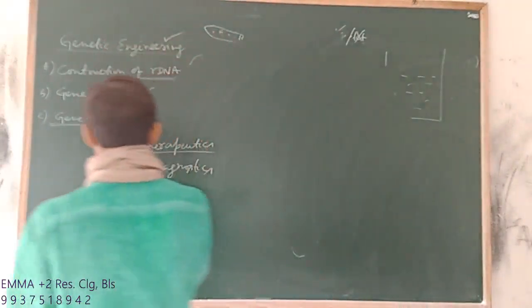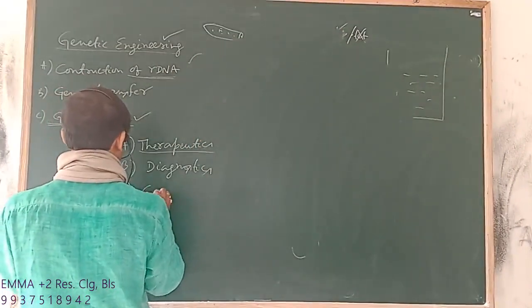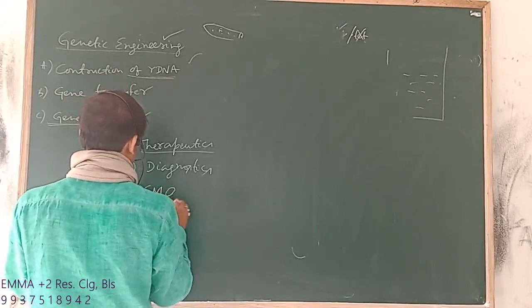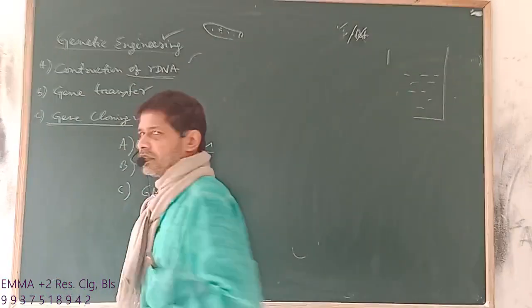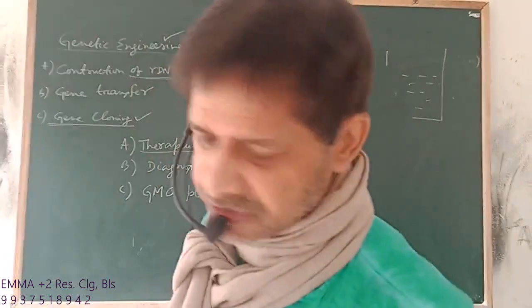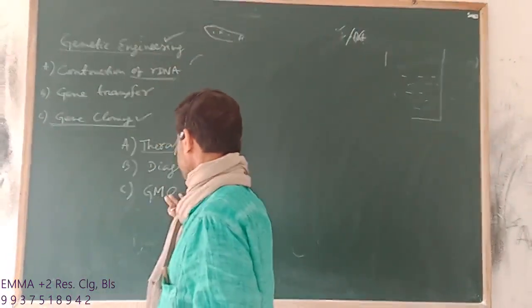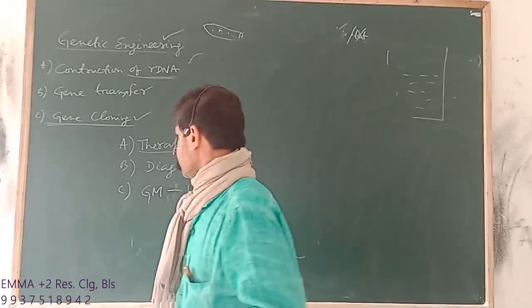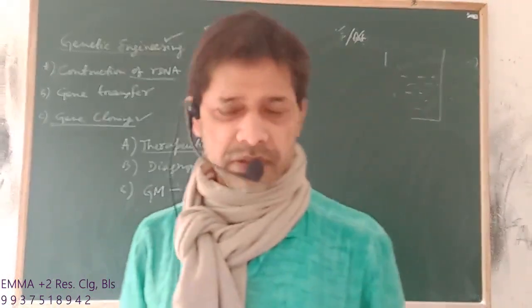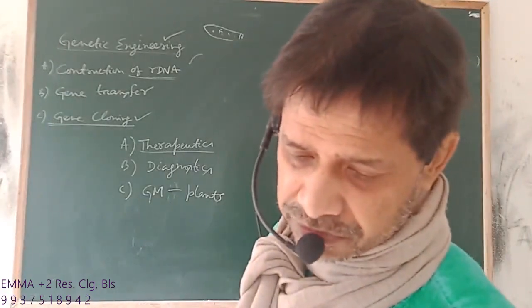Biotechnology can be used for cultivation of GMO plants, genetically modified plants, GM plants. GMO means genetically modified organisms. In agriculture, GM plants are very valuable.